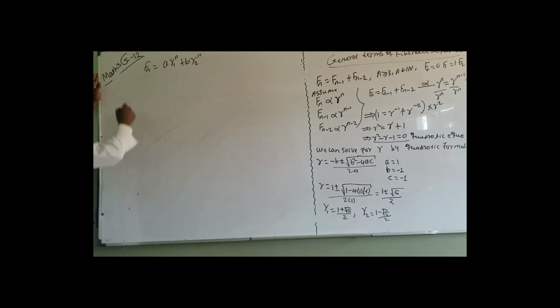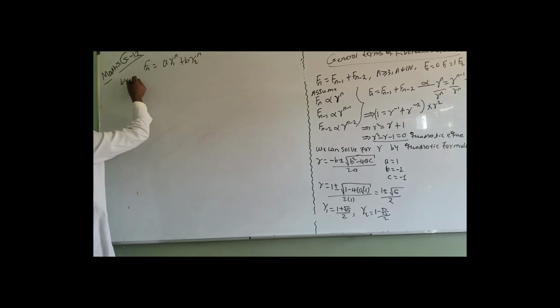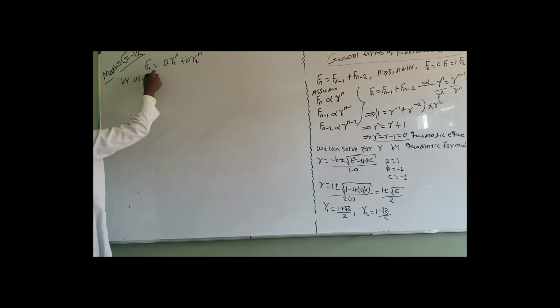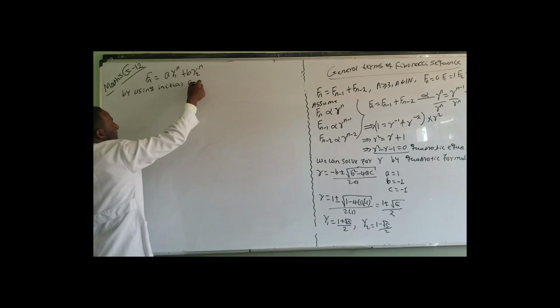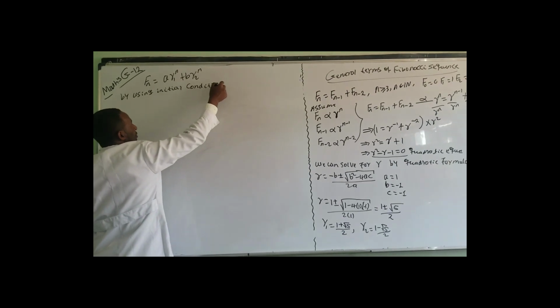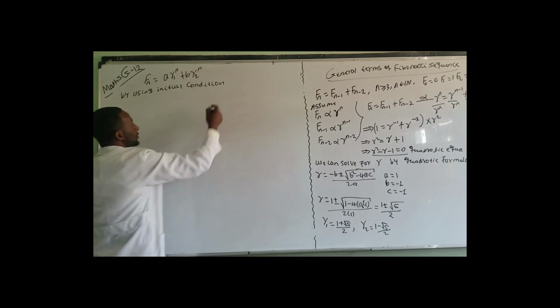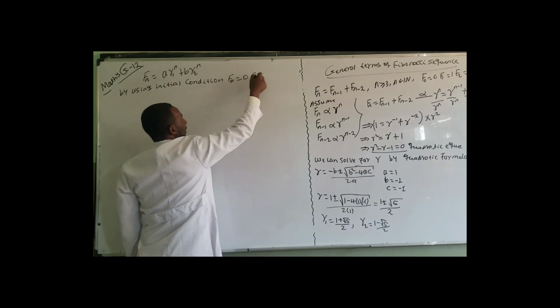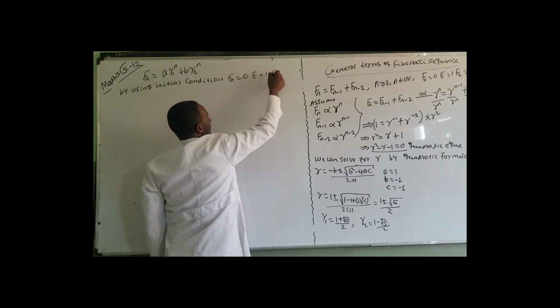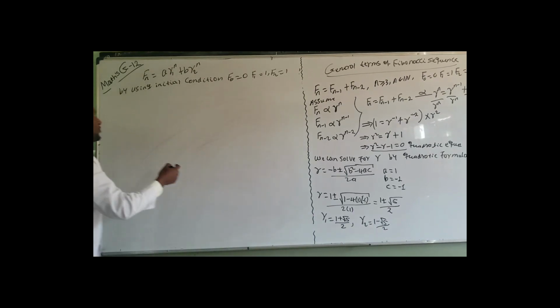Then by using the initial conditions, f0 is equal to 0, f1 is equal to 1, f2 is equal to 1.